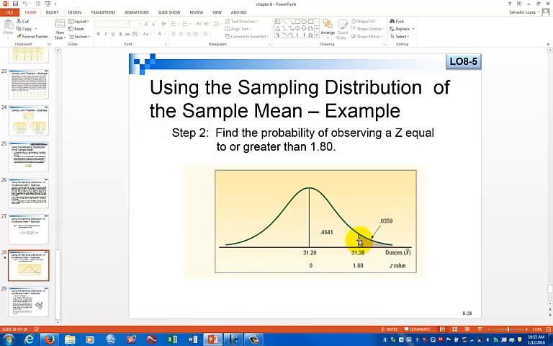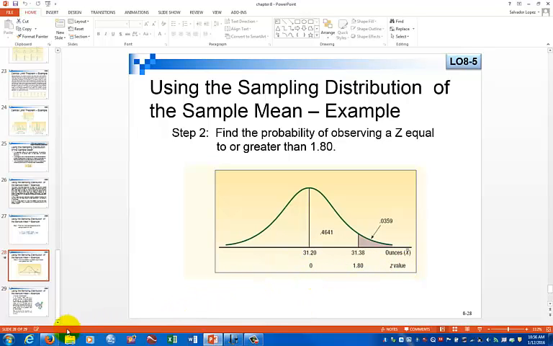And that's just one value in this infinite amount of possible results that we can obtain in the normal distribution of sample means. And these are the actual values, and here is the equivalent value in the Z distribution.